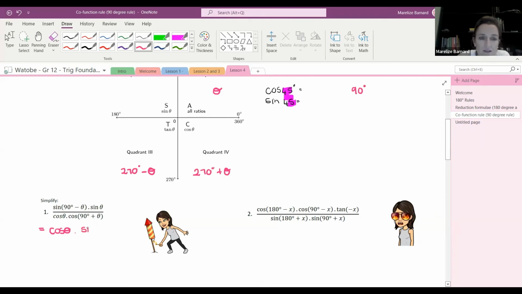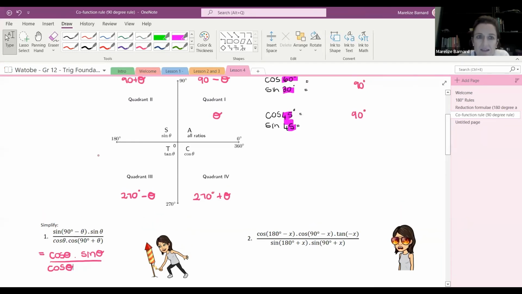Sine theta is sine theta, we leave it like that, and cos theta is cos theta, we leave it like that. Now listen carefully. Here we have 90 plus theta, which we said is in the second quadrant. So cos in the second quadrant is negative, but cos must also change to sine.